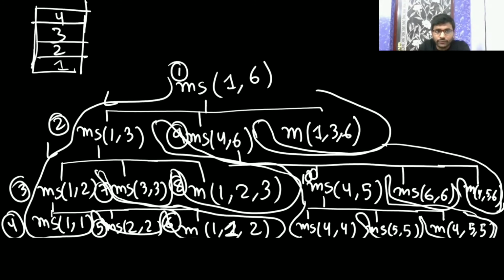When the work of 4 is done, it will be removed. Then 5 will get inserted here, then 5 will be removed, then 6 will be inserted, then 6 will be removed. Then these 3 will get popped because this is done. Then 7 will get inserted, then popped, then 8 will get inserted, then popped, then 2 will get popped, this is done.